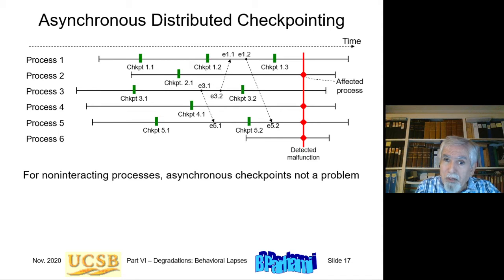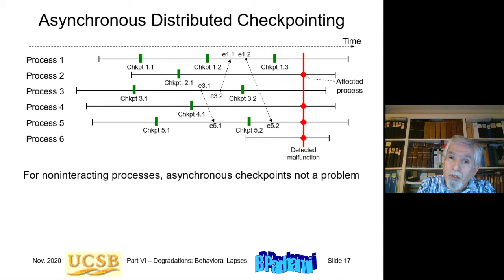But if I roll that one back to there, then this interaction will not occur in the next execution. So I have to roll this one back to this point. So a kind of chain reaction occurs. When I roll back one process that interacted with other processes, it may lead to rollback in those other processes.